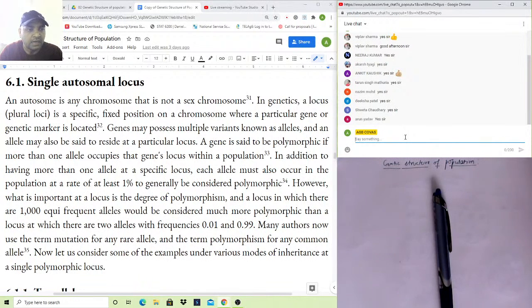Say, for example, here I will start from the single autosomal locus. You can move on to multiple autosomal loci and multiple alleles also. Okay. So that we will try to learn, because when I was studying Falconer, the book we used to study, I was not able to find all these things.